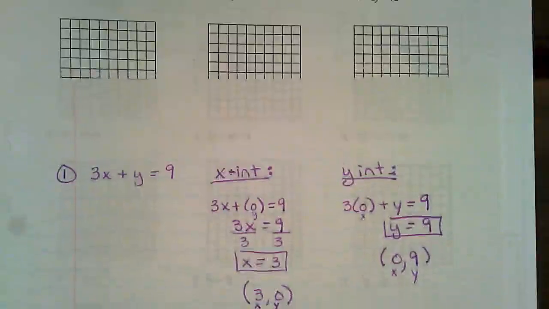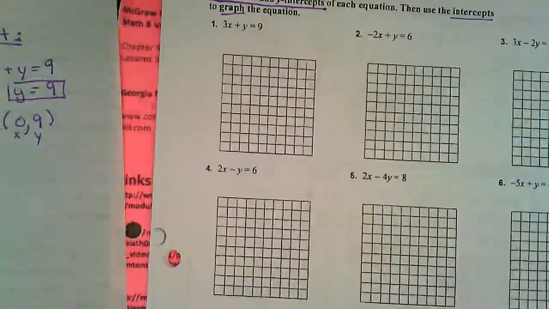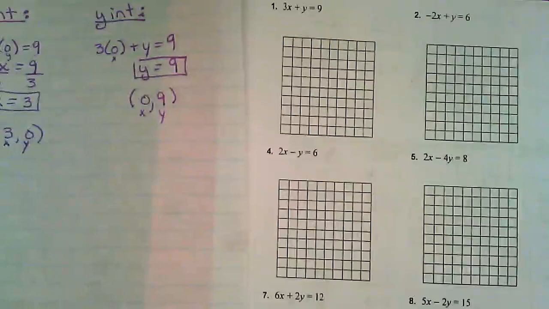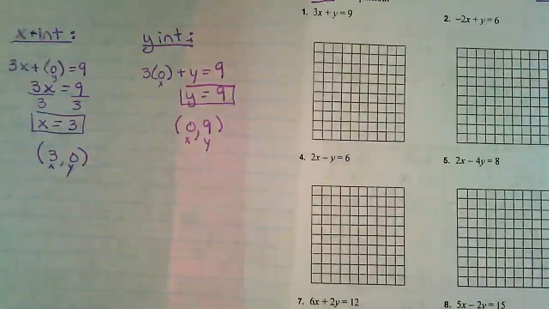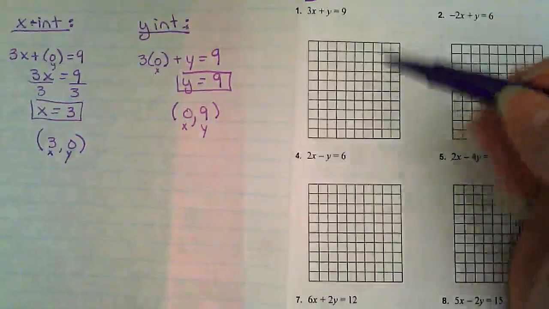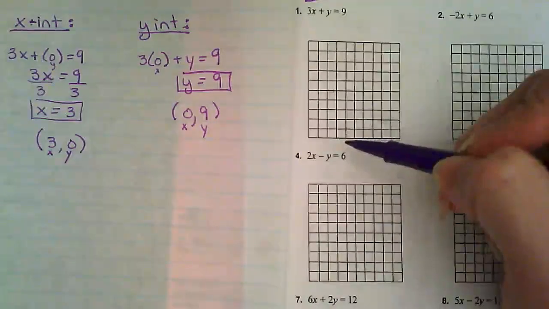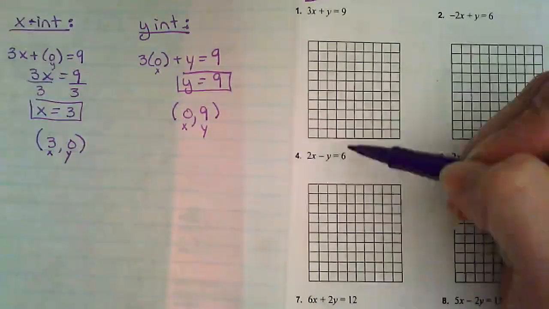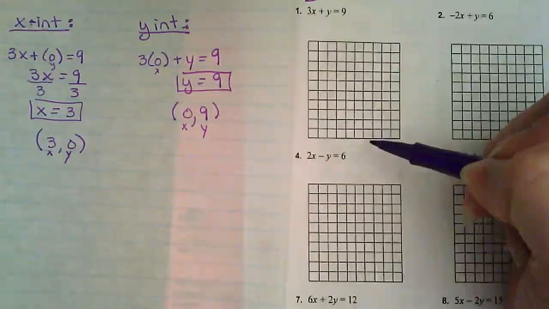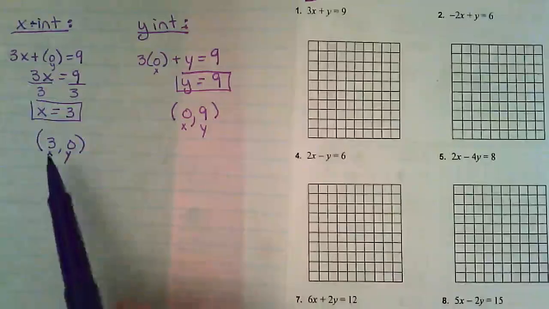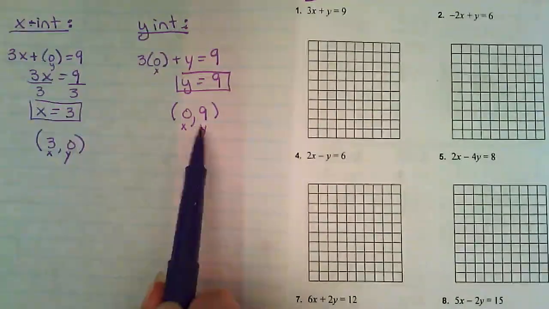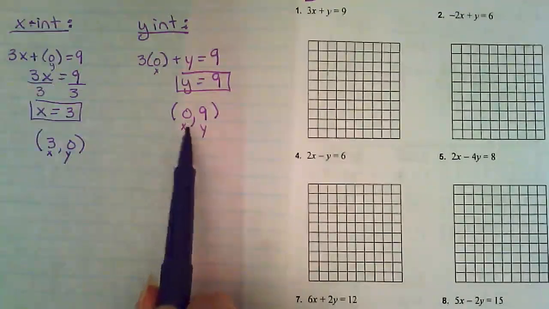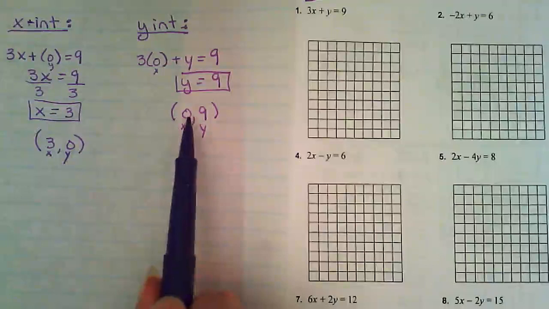So if you look at your graph now, let's look at our graph here. What I notice is there's no axis drawn for x and y. So you're going to have to draw your own. So that means you can pretty much center it anywhere you want to on your graph. So if you look ahead and see where your points are going to be, I notice on the y-axis we're going to need to be able to count up 9.